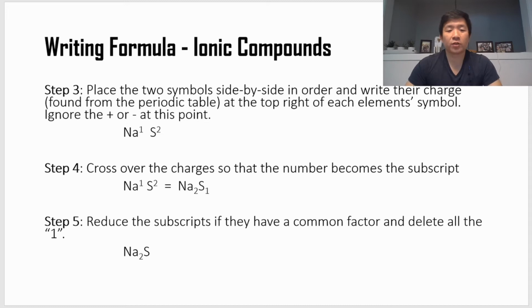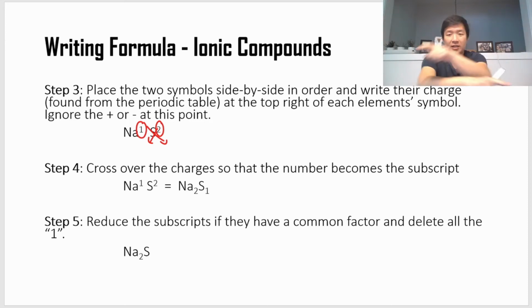Once we've found the two symbols, we place them side by side in order. We write the charge found from the periodic table at the top right of each element symbol. We're going to ignore the plus or minus for now. So this is 1, the plus, and this is the 2 minus, but we're just going to put 1 and 2 for now. Then we cross over the charges, crossing them down, so that the number becomes the subscript.